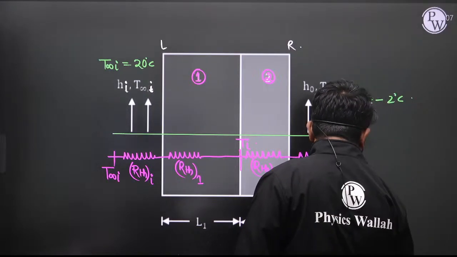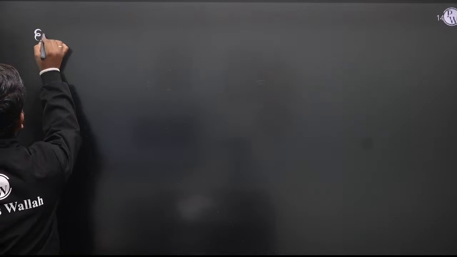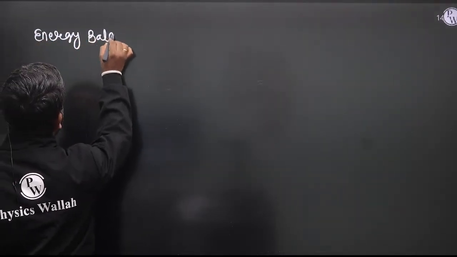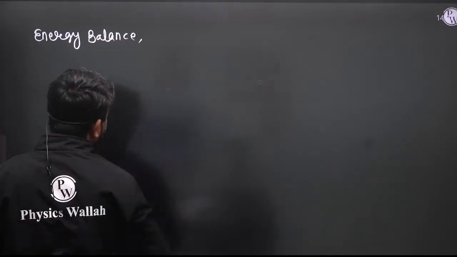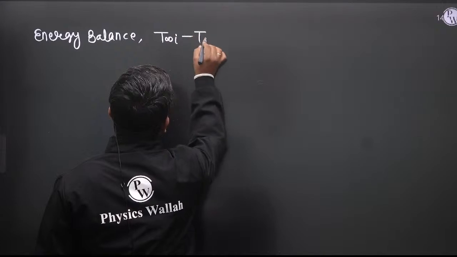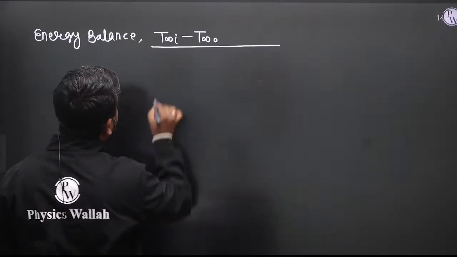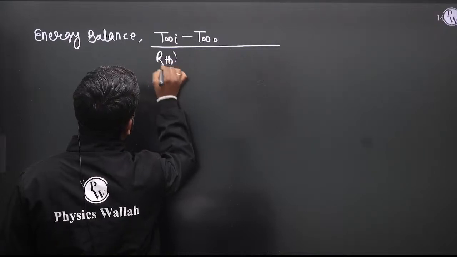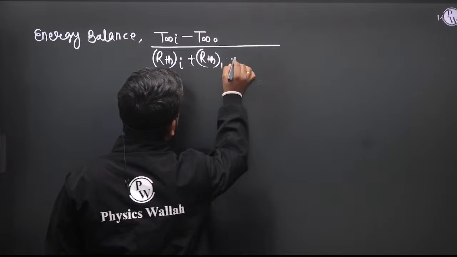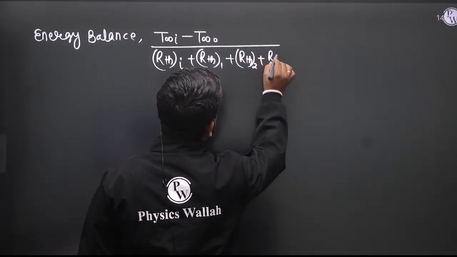If you perform the energy balance here for the series connection, simply we can write Q dot equals T infinity i minus T infinity 0 upon R_th,i plus R_th1 plus R_th2 plus R_th0.